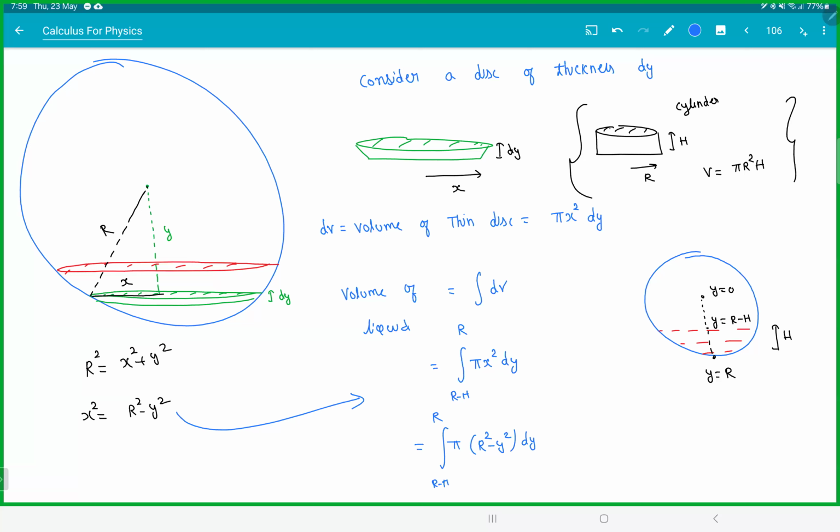Any doubts on this page? Please have a look at this. Clear?